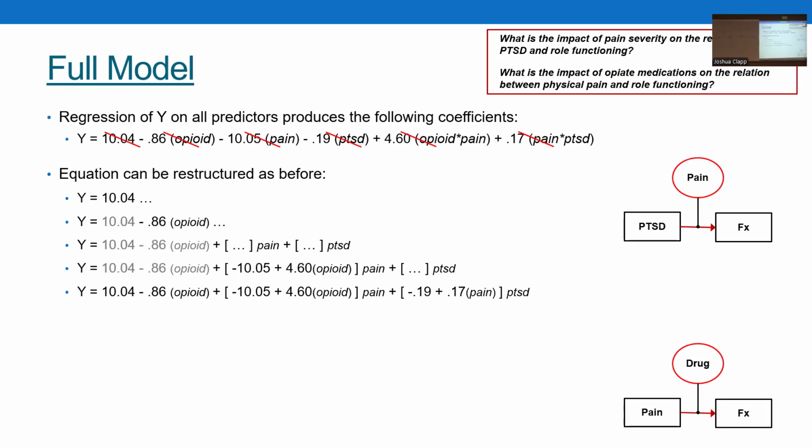If you've gone down through and you've got this equation here, to know whether or not you've done this correctly, go through and then just run this out to go back the other way, right? So if I take this, I'm going to have 10.04 minus 0.86 opiate use minus 10.5 pain plus 0.460 opiate use times pain minus 0.19 PTSD plus 0.17 pain times PTSD.